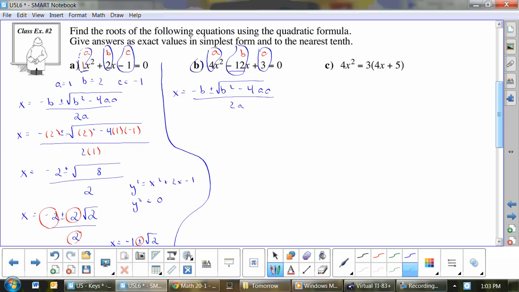So our B is negative 12, so our negative B is negative 12, right? You always substitute in brackets, and that way we won't make that mistake.